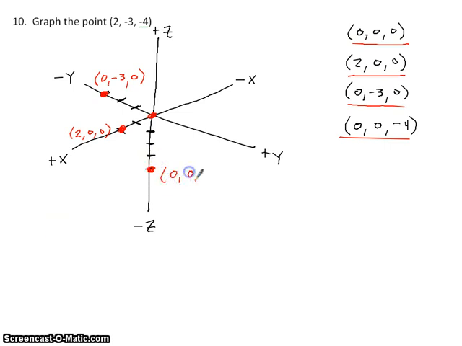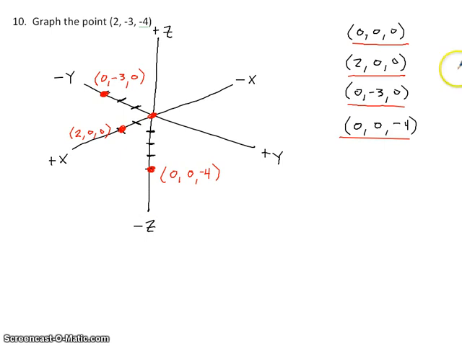Now from here, let's go ahead and start making the sides of the rectangular prism. I'll go ahead and start with the XZ plane. So we're going to essentially create the two-dimensional sides which make up the three-dimensional shape.